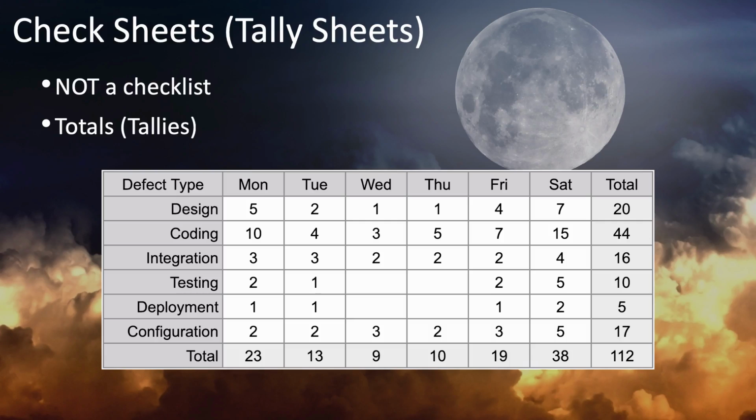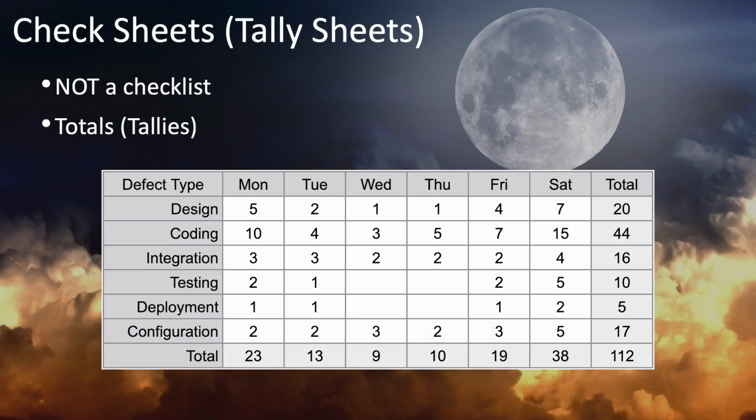In other cases, check sheets are used to display counts, such as in the example you see here. This check sheet shows the number of different types of defects found in a software development project, and which day of the week they are found. From this, you can see what types of defects are most common on your project.